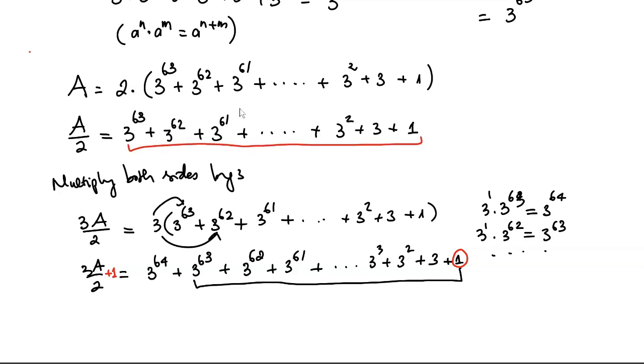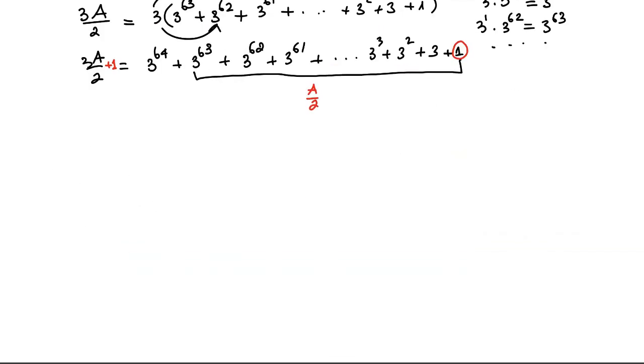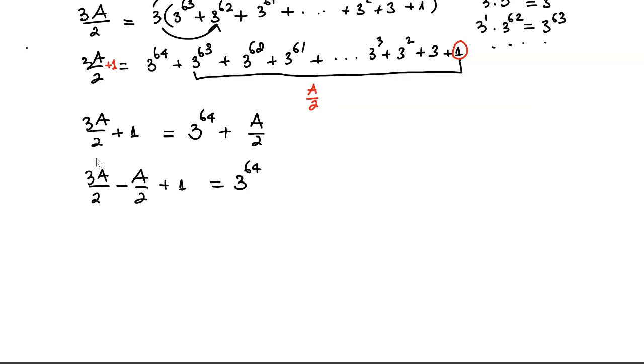So the equation will become, on the left side 3A over 2 plus 1, and on the right side 3^64 plus A over 2. Now I want to move A over 2 to the left side, so I have 3A over 2 minus A over 2 plus 1 is equal to 3^64.